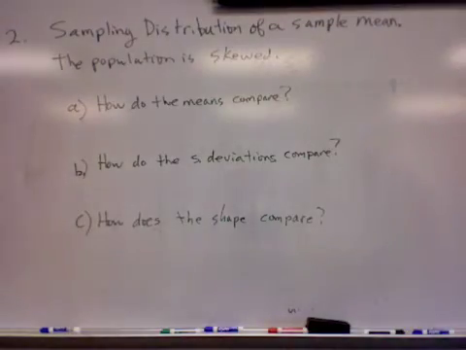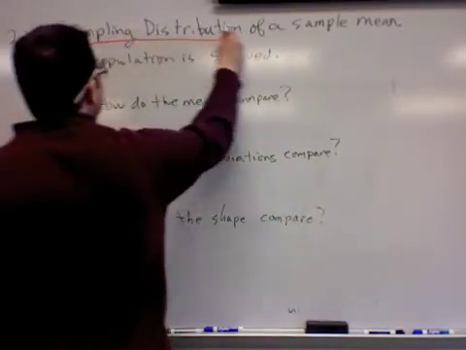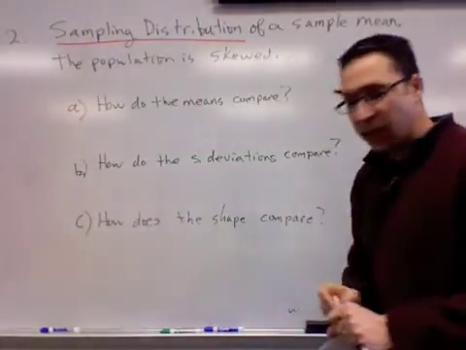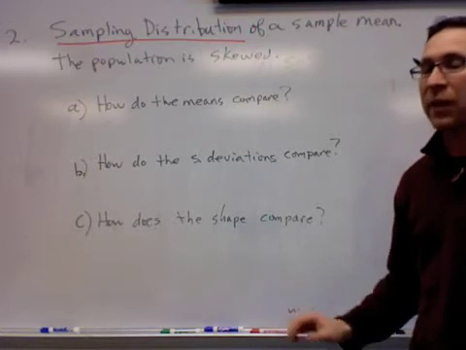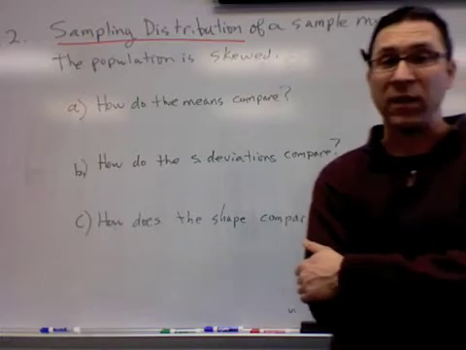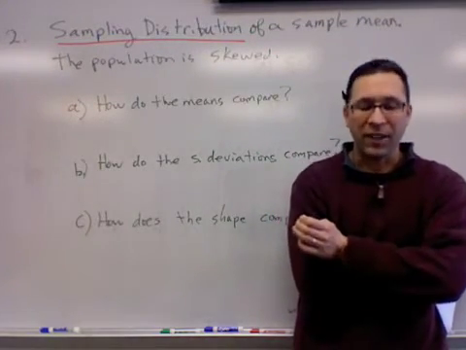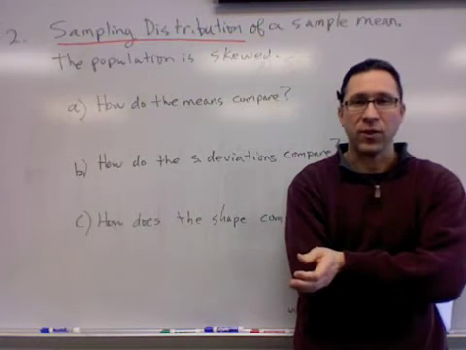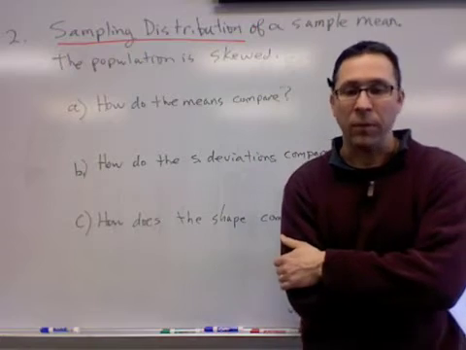Now, first of all, you have to know this key phrase here, what a sampling distribution is. When I first started teaching AP Stats, I didn't push it as hard in terms of making sure students knew for sure what that actually means. A sampling distribution is a collection of all possible samples of a certain size from the population.